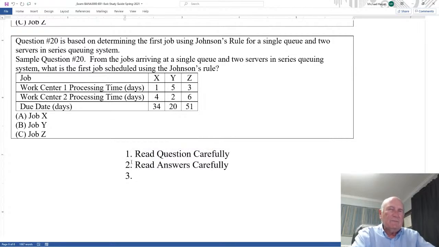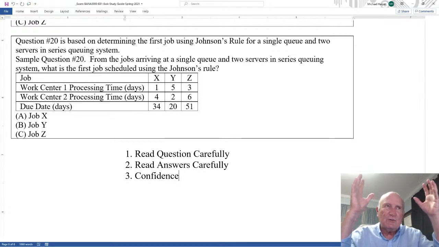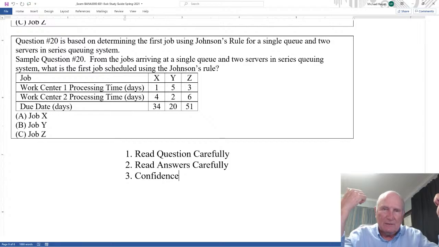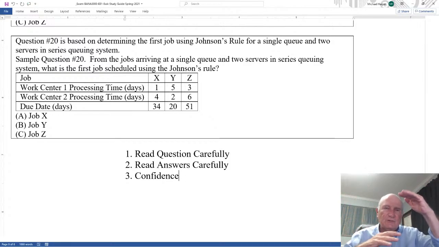The last one is confidence. You know what you know. Don't second guess yourself. Don't say it must be this. No. You answer the question from your knowledge. Don't guess, don't play games. Answer the question based on your knowledge. Read the question carefully, the answer carefully, put it together. This is what I know, then be confident. You put it down and move on.